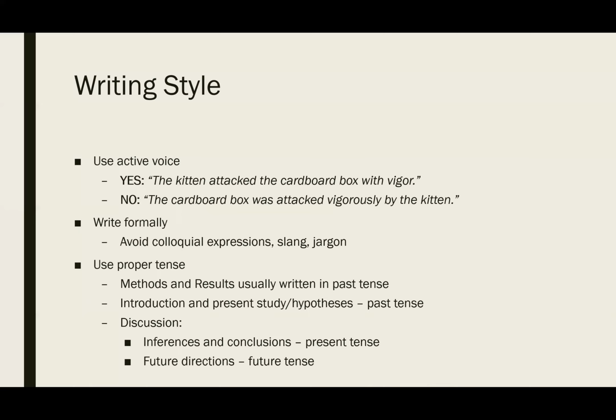And then in your discussion, the conclusions you're drawing about your results are typically in present tense, and your future directions are in future tense because you're recommending they happen in the future. I won't be incredibly strict when marking about things like this, but it's just good practice to get into, and it'll make you a stronger writer down the road.